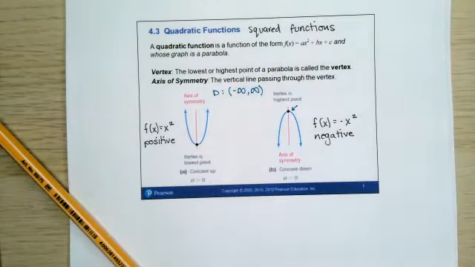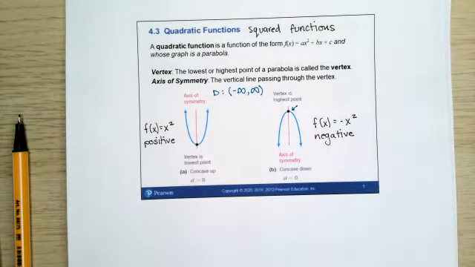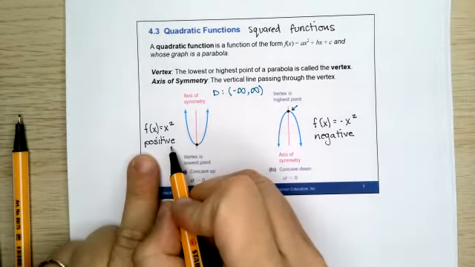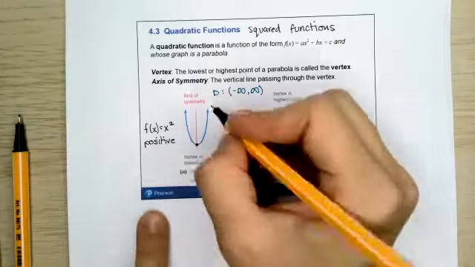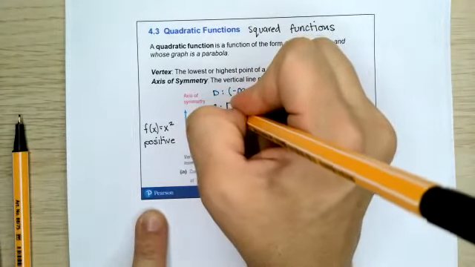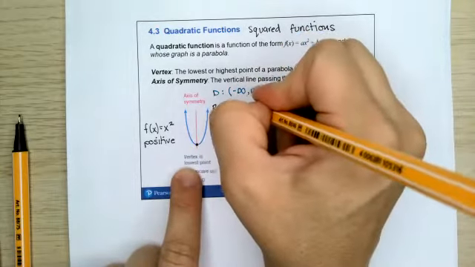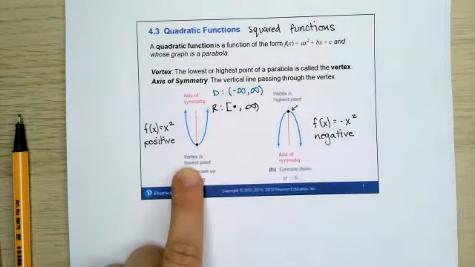However, the range is you're going to take, this is called the vertex, right? So for the range, if you have a positive function, your range is going to be from and including your vertex to infinity, if it's positive, right?